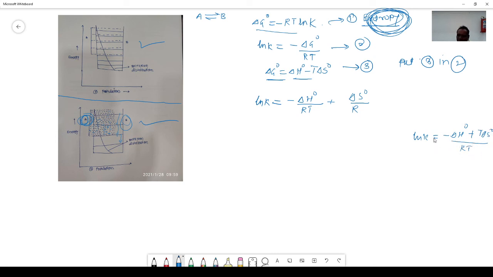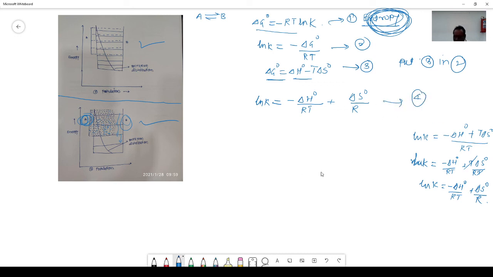RT is for both the sides. Therefore ln K is equal to minus delta H0 divided by RT plus T delta S0 divided by RT, because this RT is for both sides. This T will get cancelled. Therefore, ln K is equal to minus delta H0 divided by RT plus delta S0 divided by R. Right? So that's what I have written here.